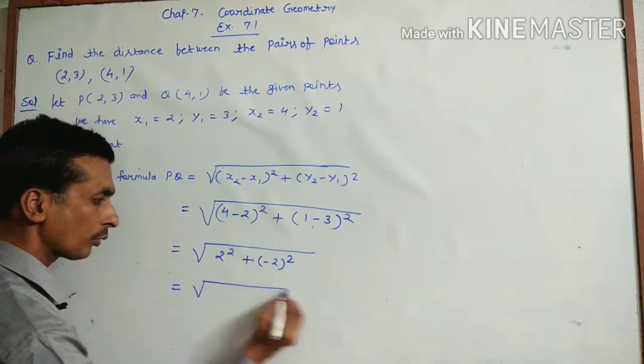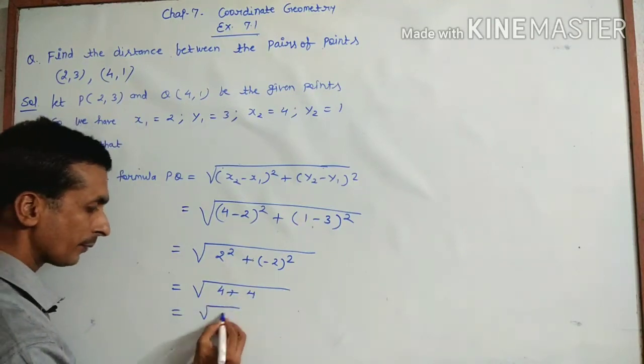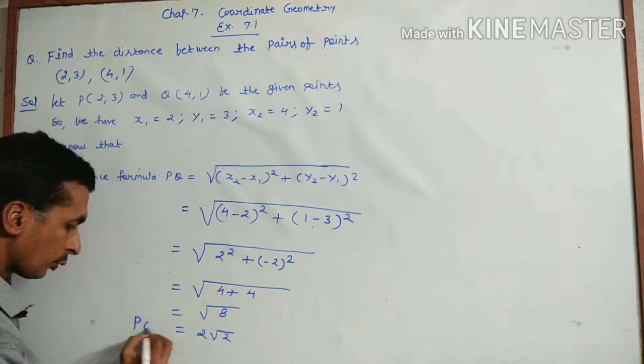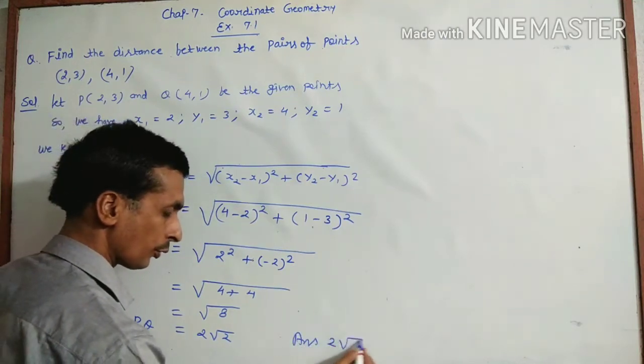Now you can solve: 2 squared is 4 and minus 2 squared is 4. 4 plus 4 is 8. Now you can write 2 root 2. The distance between the two points PQ equals 2 root 2. So your answer is 2 root 2.